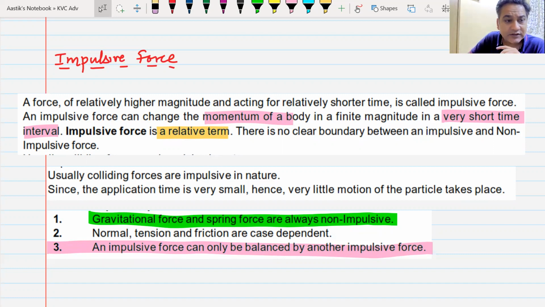Now, depending on the scenario, forces like normal reaction and friction can be impulsive as well as non-impulsive.